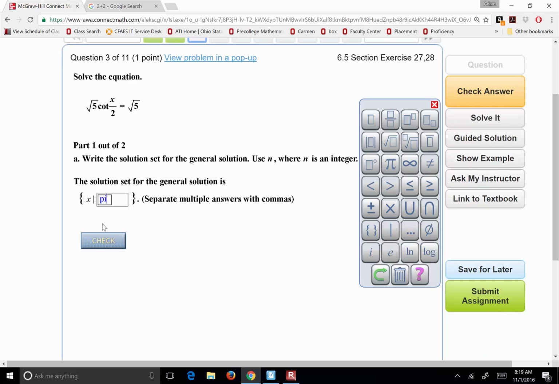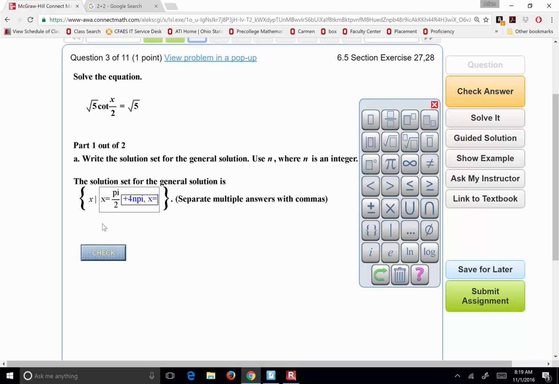Now I forgot. Do we need to set this into x equal? Yeah. Pi over 2 plus 4n pi.